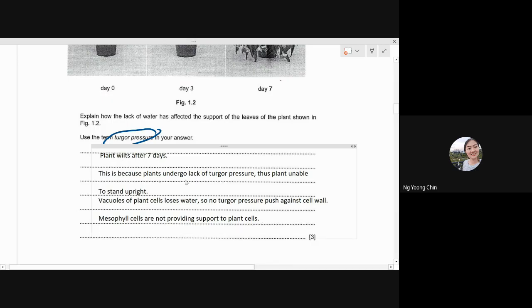So losing water by the plant cell means the plant cell becomes flaccid and plasmolysed.